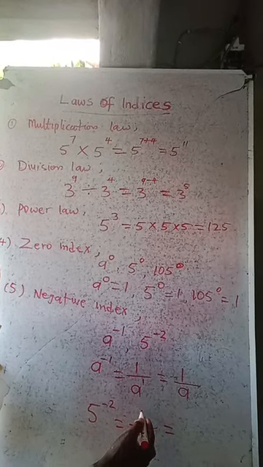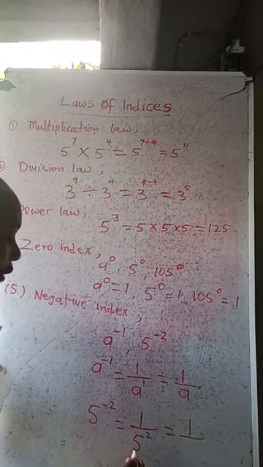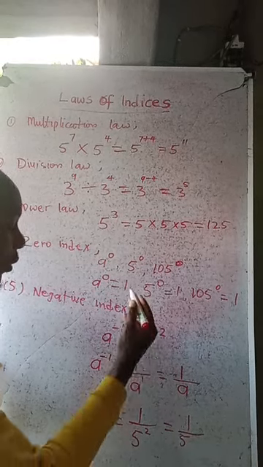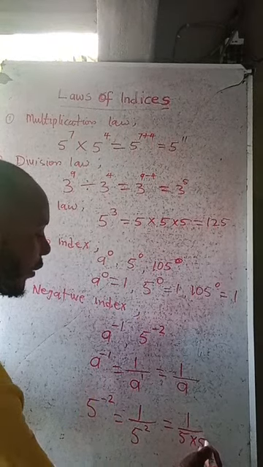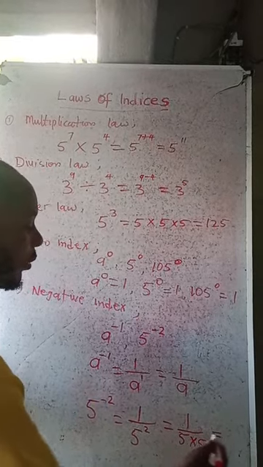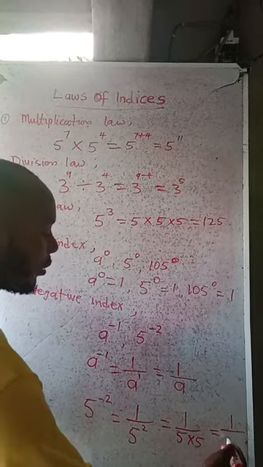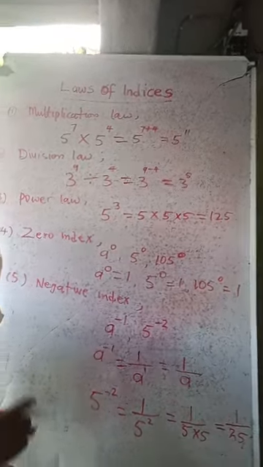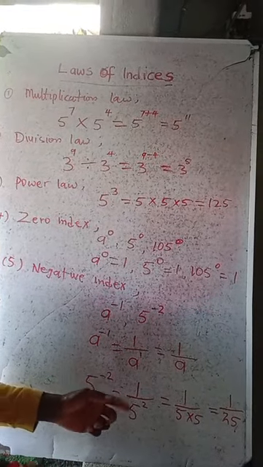So I'm still going to maintain the 1. 5 raised to the power 2 means 5 times 5, applying the power law now. So I'm going to write 1 all over 5 times 5, which is 25. And that's how it is. So check out part 2.